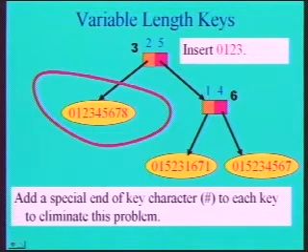You can think of this as 0, 1, 2, 3 marker. There's a pound sign sitting here, one over here, and one over there. Once you do that, no key can be a proper prefix of another, because a pound sign cannot occur in the middle of a key. So that takes away the difficulty you have when dealing with variable length keys.